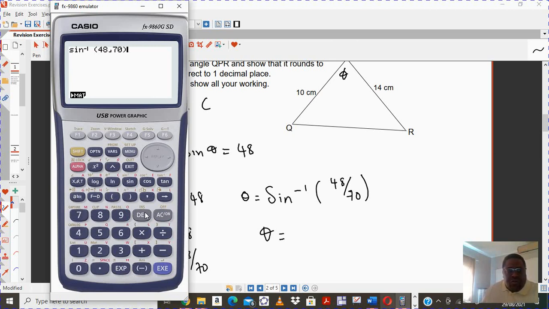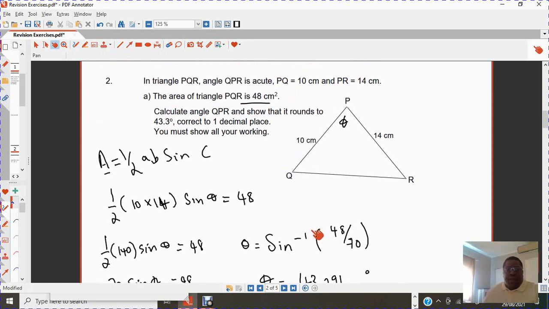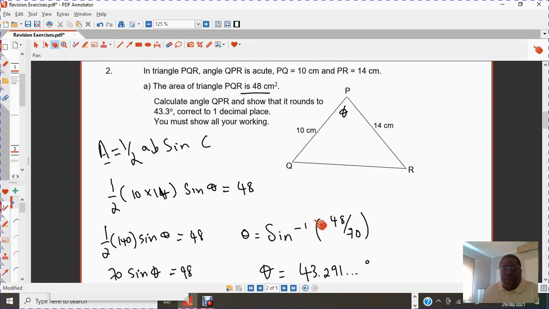Our answer should be close to 43.3 to one decimal place. So I get 43.29111 degrees, which means that our angle QPR is therefore 43.3 degrees, as we were supposed to prove, from the scenario that we were given.